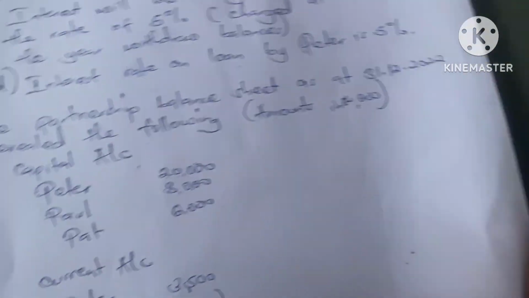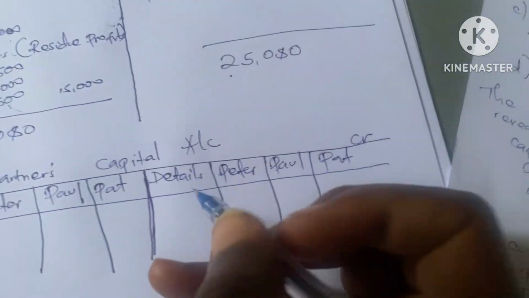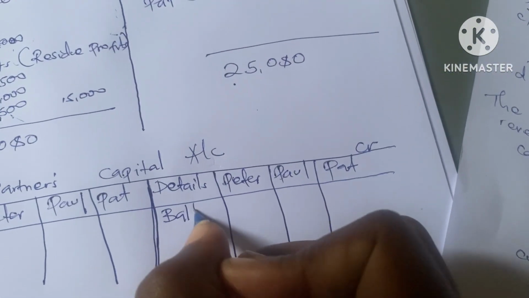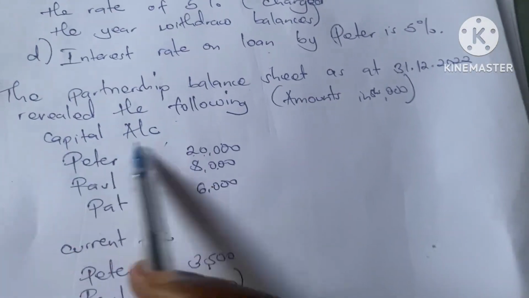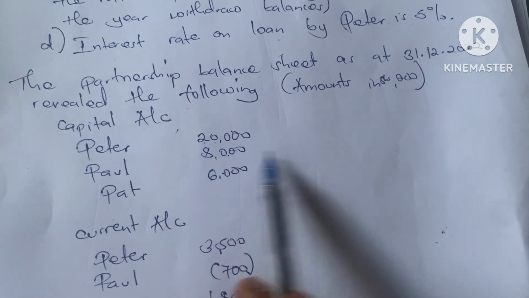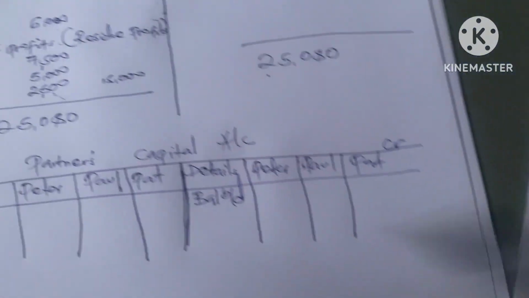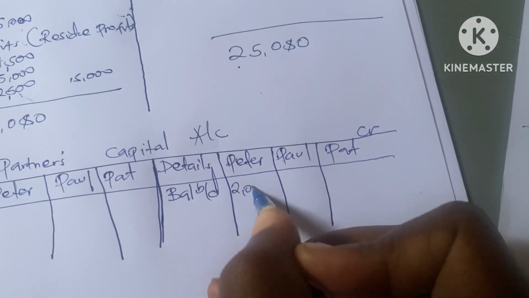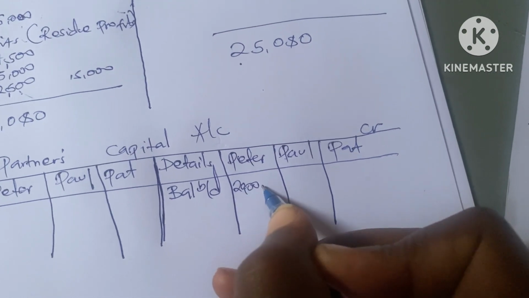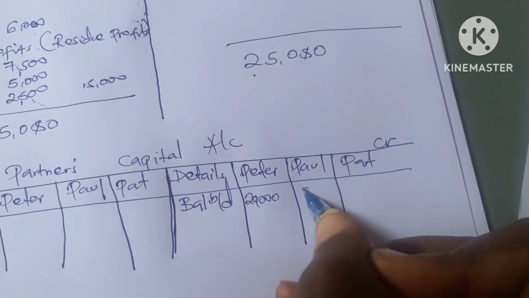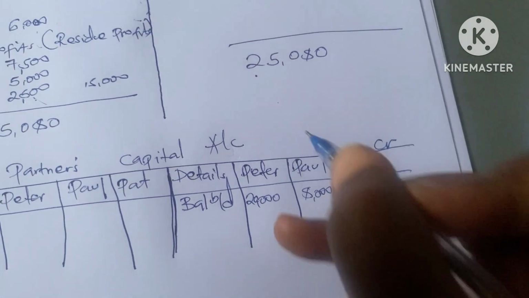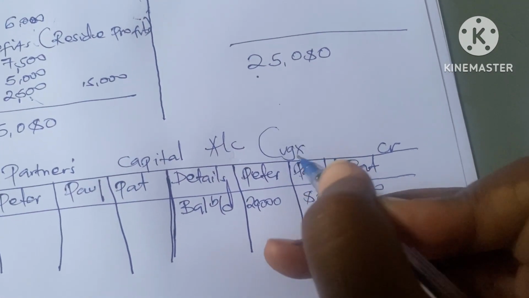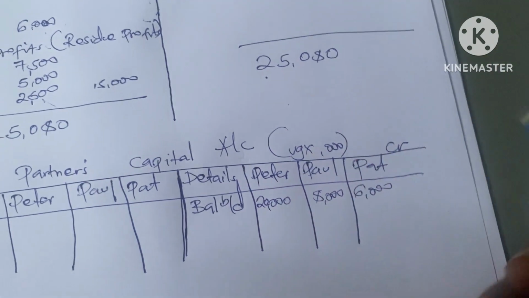So the capital contributed, we are going to rate it as balance brought down. So for the 3 partners, this one that has capital account, 20,000, 8,000, then 6,000. They are in UGX 3 zeros, like that.